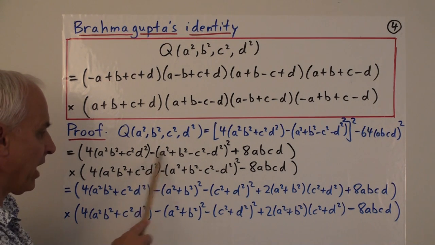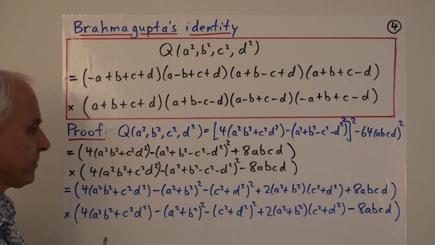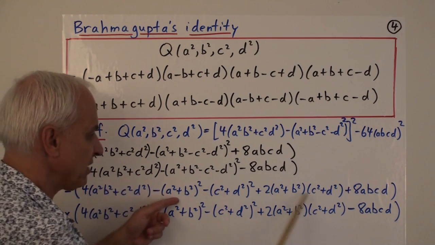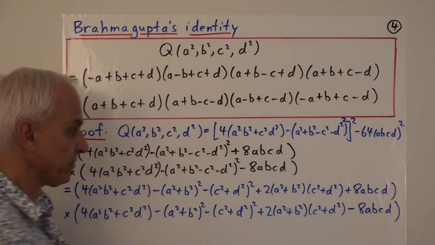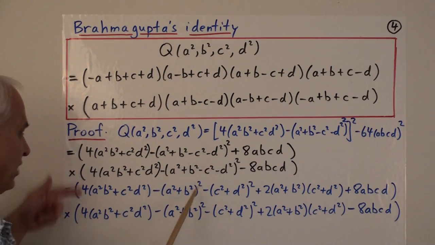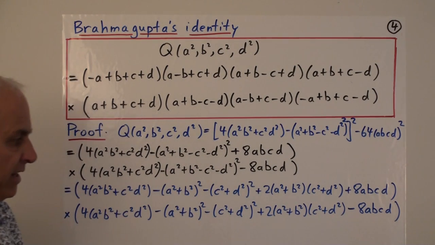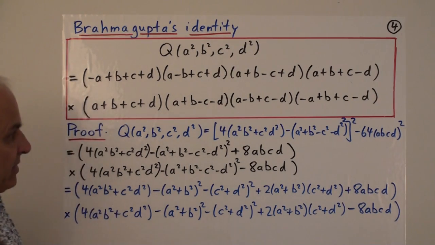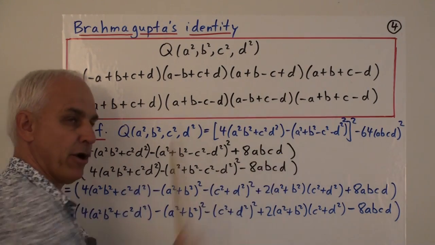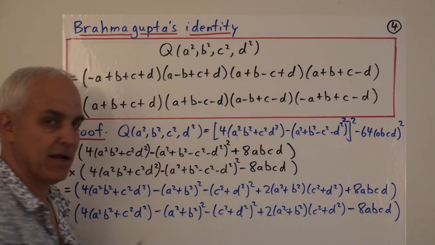There's a minus sign from there, and a minus sign from this times minus this. So we've rewritten this, expanded it out using the binomial coefficient. We still have an 8abcd over here. And we can just rewrite the second term because it's exactly the same, except with a minus 8abcd. Now we want to understand why this first term can be expanded to give this first line here, and this second term expanded to give the second line here.